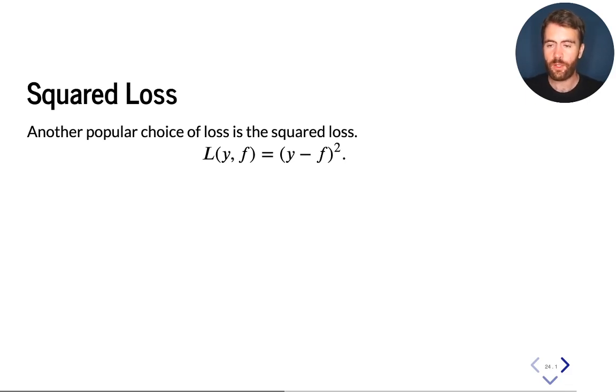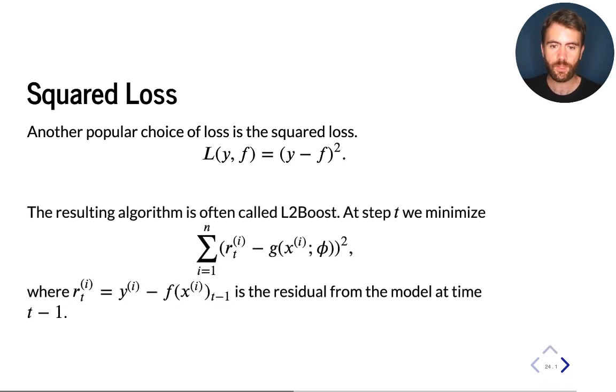In particular, AdaBoost, as defined before, is defined for classification. We would probably also want to do boosting for regression. We can derive a principled boosting algorithm for regression by taking the forward stage-wise approach and swapping the loss for the squared loss, which you see here. The result is going to be another algorithm called L2 boost, which is another form of boosting.